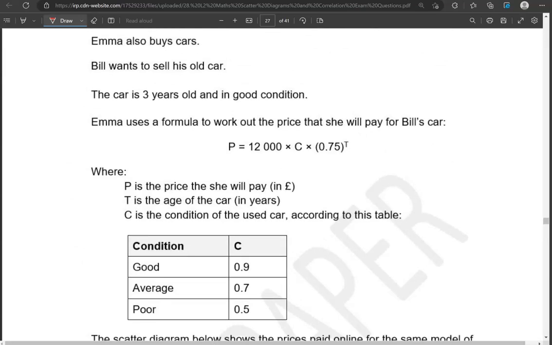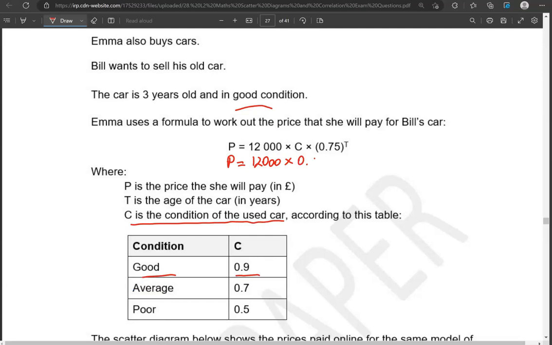So if selling to Emma, how much would he get? Let's work that out first. Emma uses this formula and we'll work out the price by replacing letters with the numbers and doing the calculations. So 12,000 times C is the condition of the used car. So the condition was good. So good gives us 0.9.